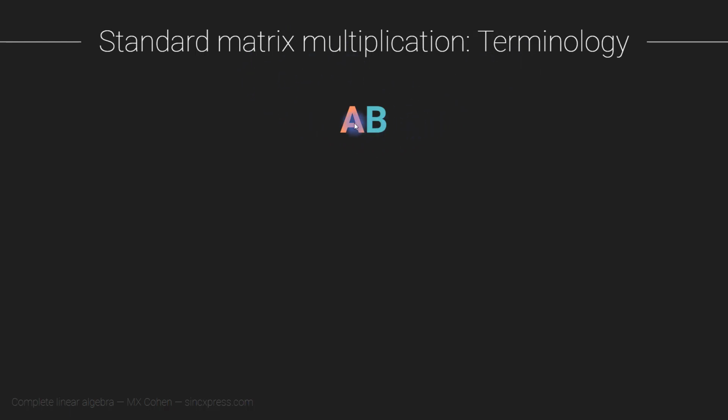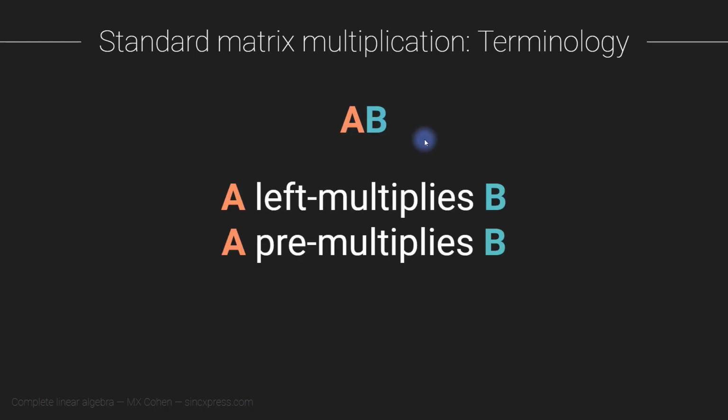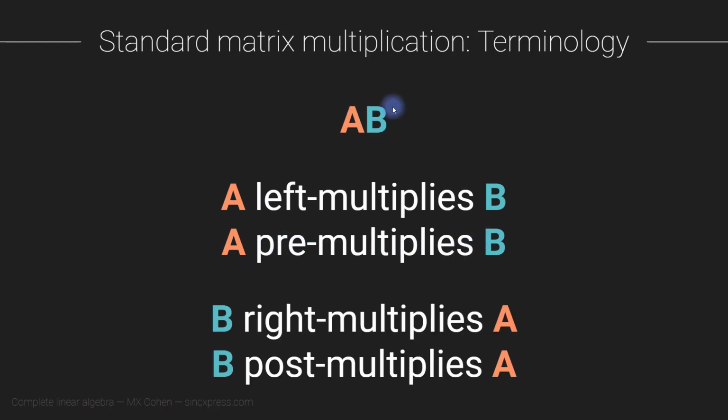If A and B are 2 matrices and we try to multiply them like this, then we describe this as saying matrix A left multiplies matrix B, or you can say matrix A pre-multiplies matrix B. Conversely, you can flip it around and say B right multiplies matrix A or B post multiplies matrix A. The reason why we need to make this distinction with the terminology is because matrix A times B is not the same as matrix B times matrix A. If we put B on the left, we are likely to get a different result.